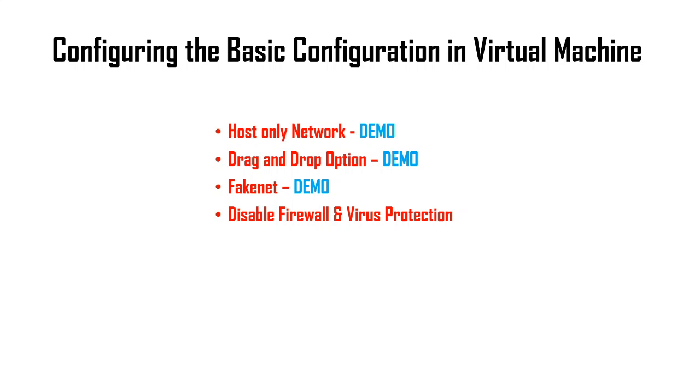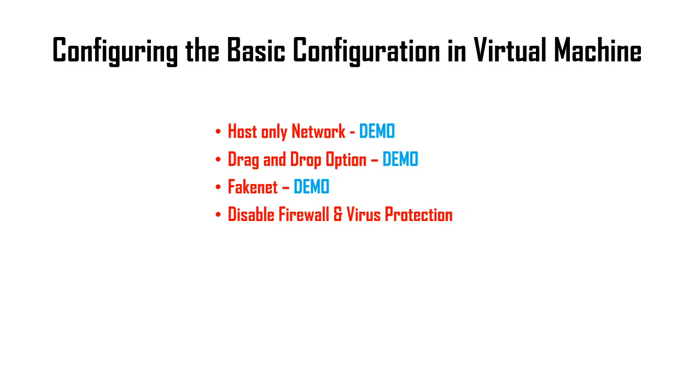So for that, we have already disconnected the internet in my machine with the first option, host only network. So if a malware needs to communicate with the internet, I have to install this simulation tool FakeNet, where it will make the malware believe that it is actually present in an internet communication.